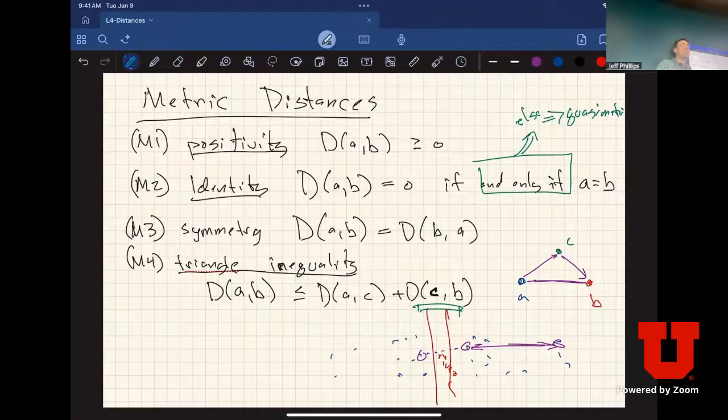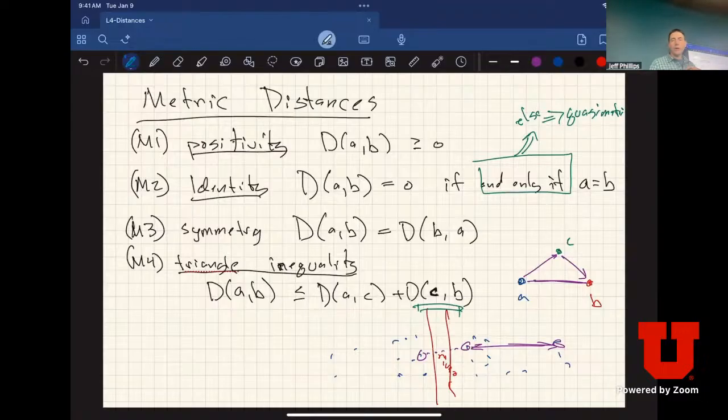Sometimes this happens where I have two different people and I collect data about them, and they're completely different individuals, but the data I've collected matches exactly. They have the same name, the same birthday, so there are a lot of similarities in the database, but they're actually different people. This could happen accidentally sometimes, and so you don't always have this identity property.